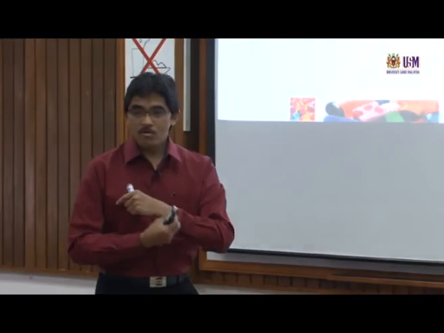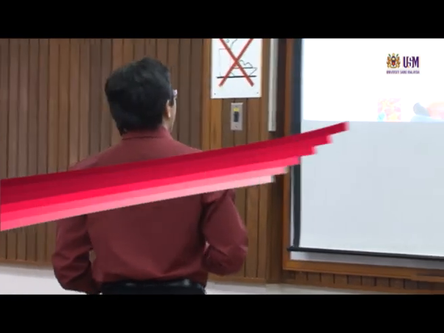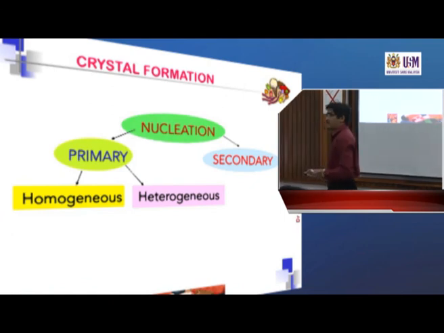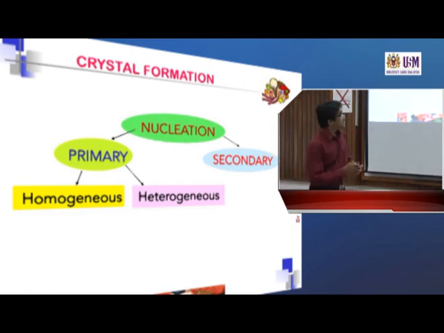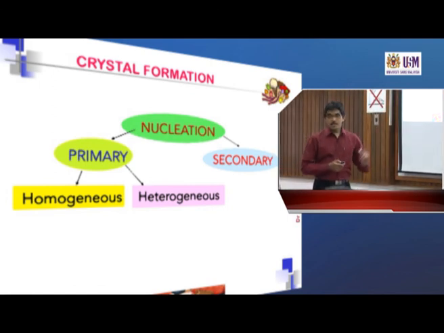So now we want to look at nucleation. We can divide it into primary nucleation and secondary nucleation. And under this category, we have homogeneous nucleation, which is quite rare, jarang, for food.